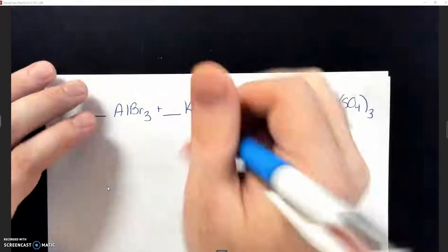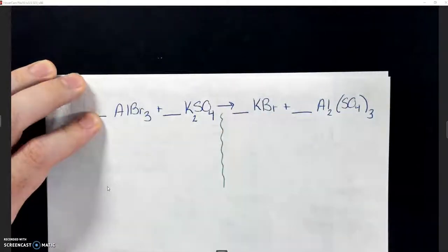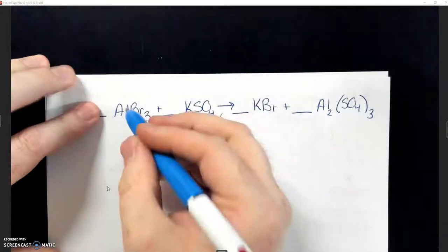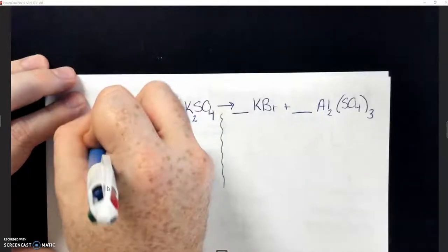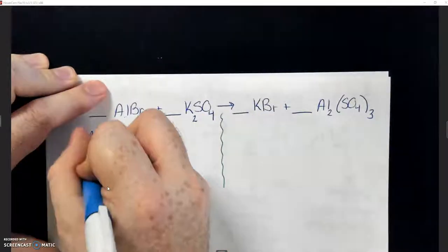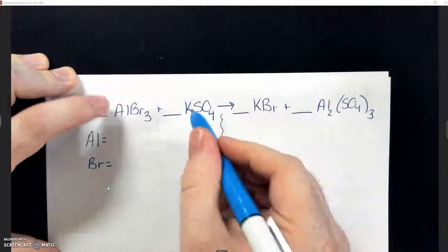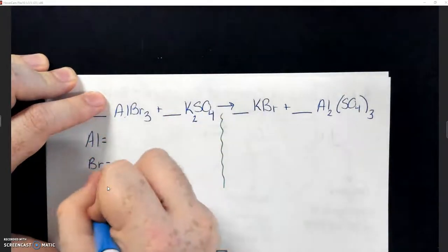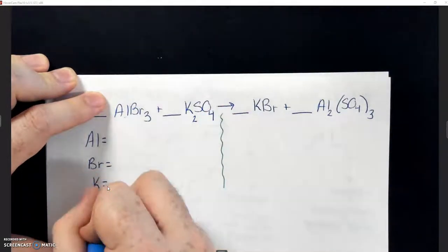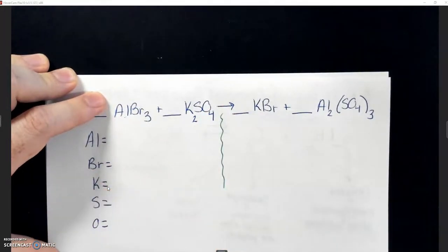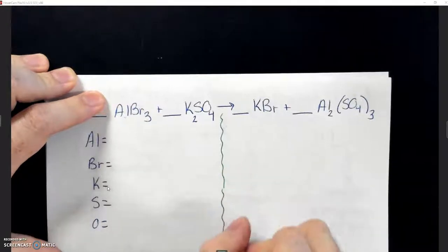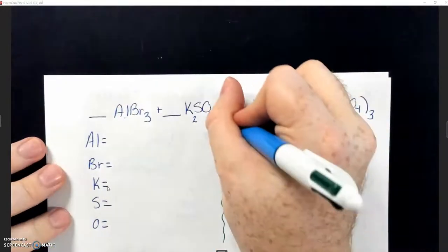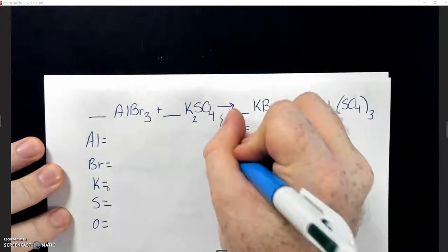As always, we are going to start with an inventory of the atoms on both sides. I know on this side I have an aluminum, a bromine, a potassium, a sulfur, and an oxygen. Once I have the inventory list on one side, it automatically applies to the other side as well.